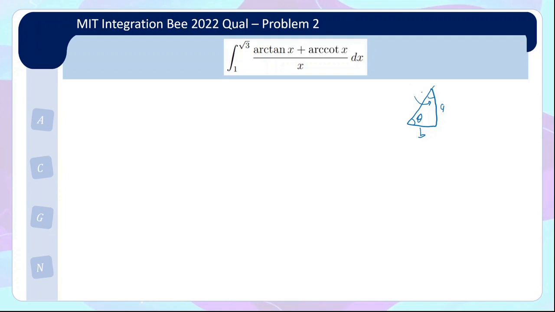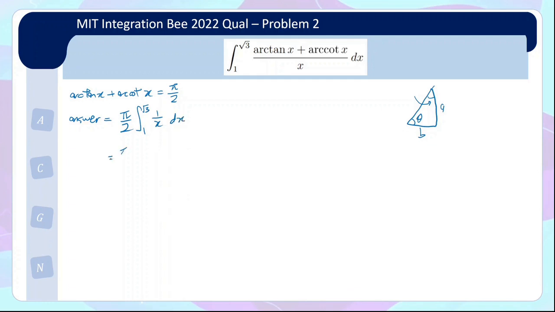So what this means is that arctan of x plus arc cotangent of x always equals pi over 2. So the integral that we want is simply pi over 2, the top is always pi over 2, times the integral from 1 to square root 3 of 1 over x dx.